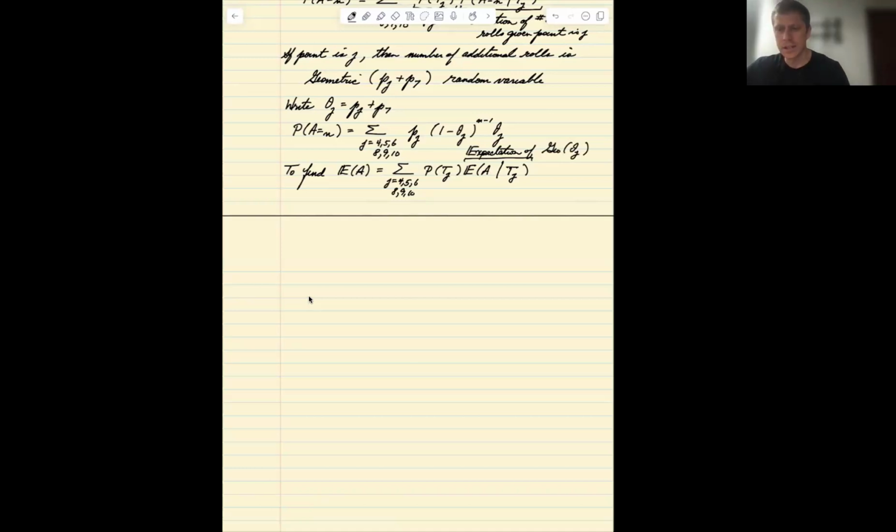Well, we know that the expectation of a geometric theta j is 1 over theta j. And so what we're left with is twice the sum over j equals 4, 5, or 6 of Pj over theta j. Theta j is Pj plus P7.